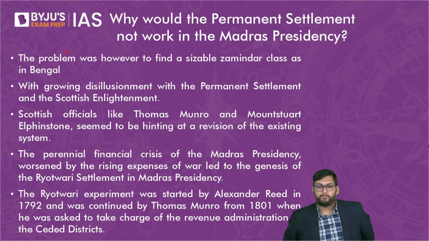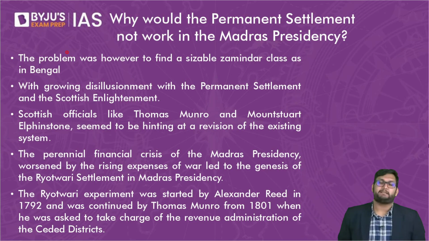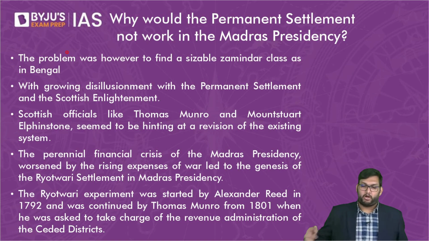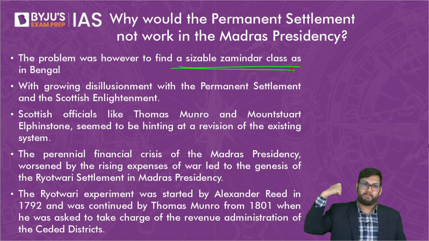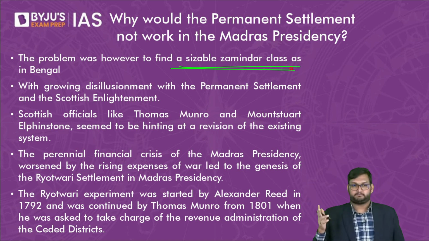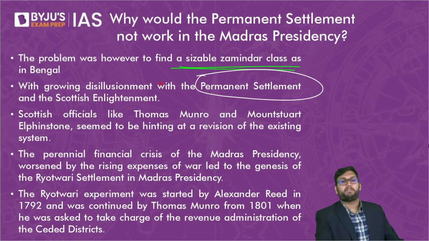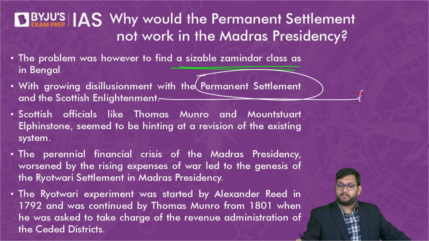However, the problem was that the permanent settlement would not work in the Madras Presidency, because there was no sizable zamindari class, as there was in Bengal. More than that, there was a growing disillusionment with the permanent settlement, and the Scottish Enlightenment, as it is called, which holds that the peasant matters, was now coming through.